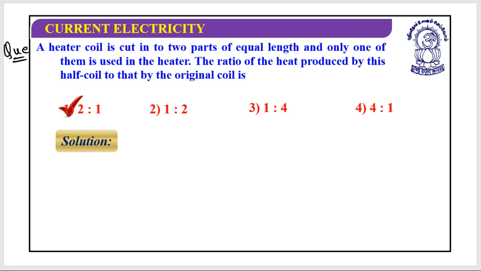What is it saying? A heater coil is cut into 2 parts of equal length and only one of them is used in the heater. The ratio of the heat produced by this half coil to that by the original coil is? So how could I do this?